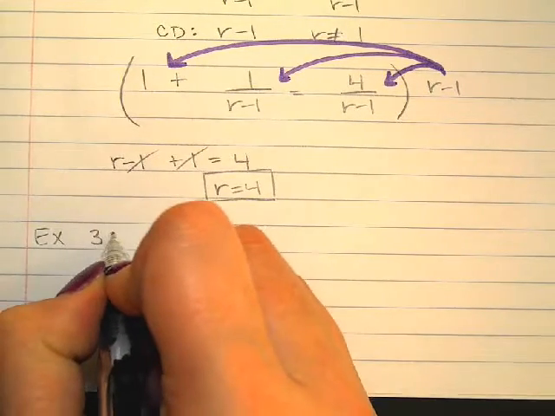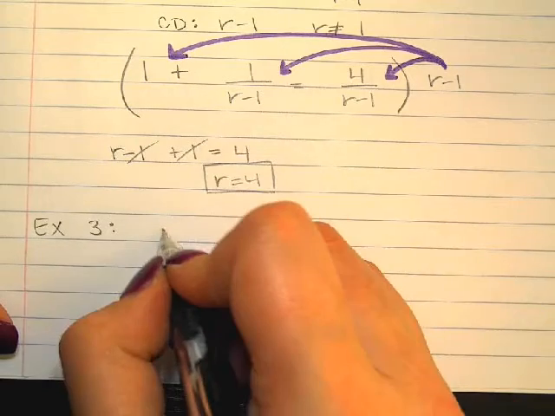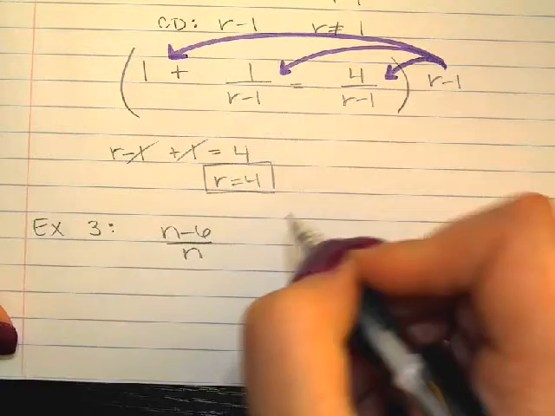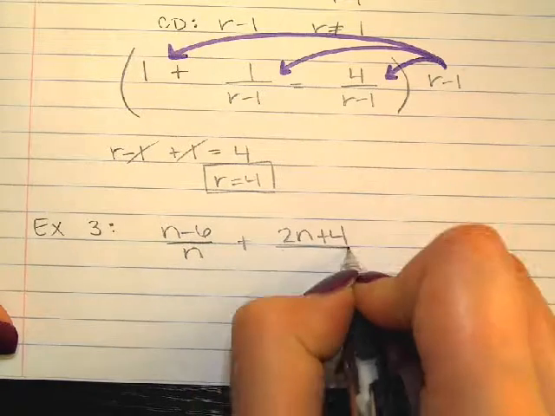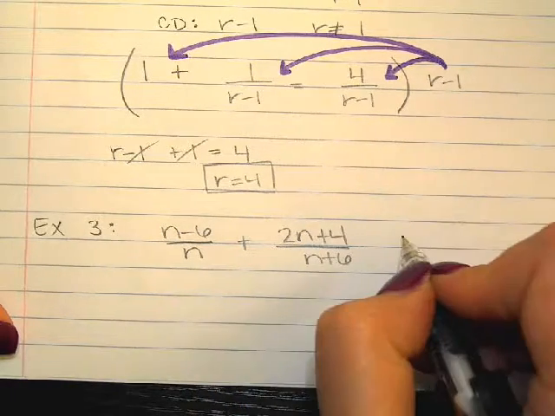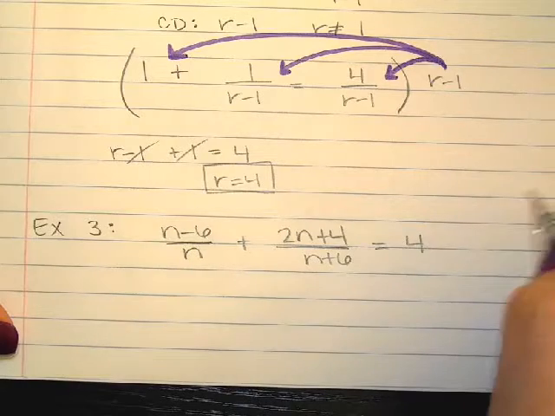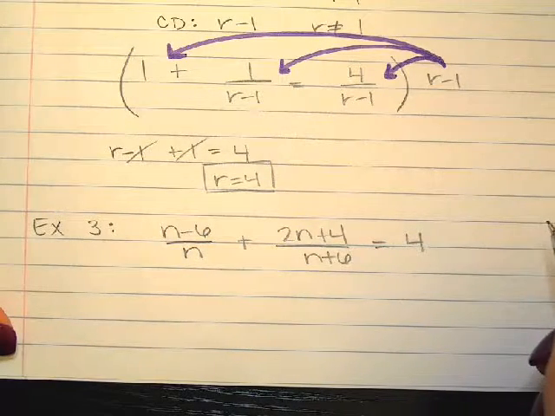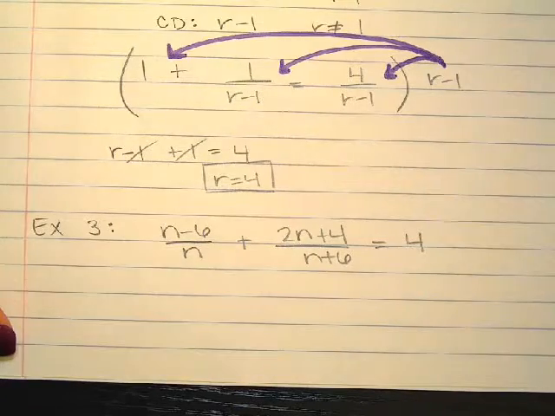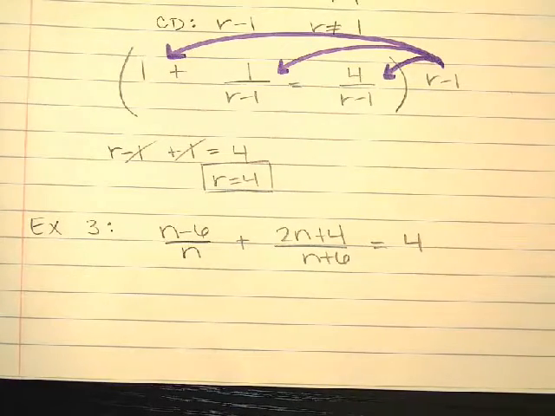Example 3. So this one is n minus 6 over n plus 2n plus 4 over n plus 6. Come on. I did this in calculus too, but in calculus it never came back.